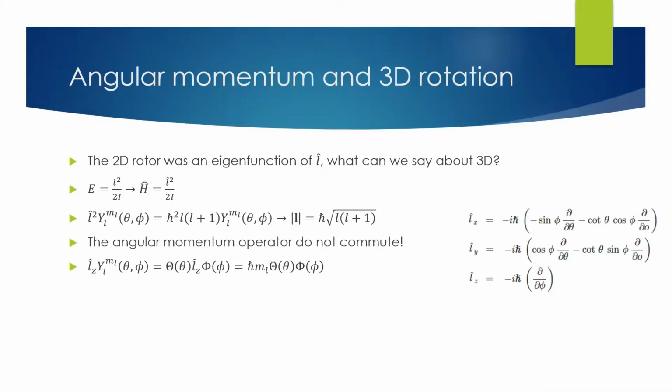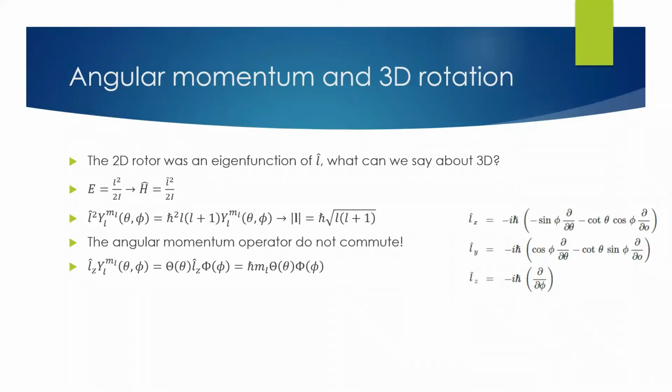And as we apply this to orbitals, what we're going to find is that we can know the energy, which comes from the quantum number n, the orbital angular momentum, which comes from the quantum number L, and the Z component, which comes from the quantum number m sub L. So these n, L, and m sub L quantum numbers are going to be very important for our hydrogen atoms. And these are the quantum numbers that we can know because their operators all commute with each other.